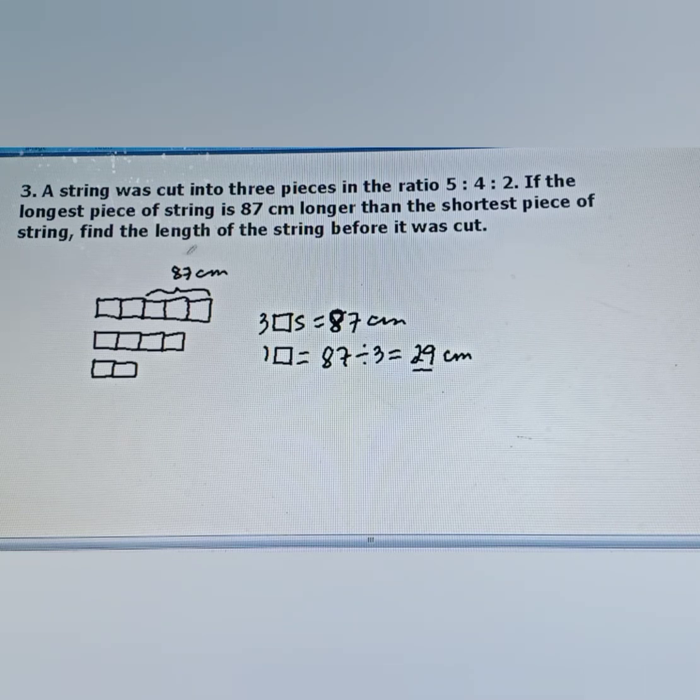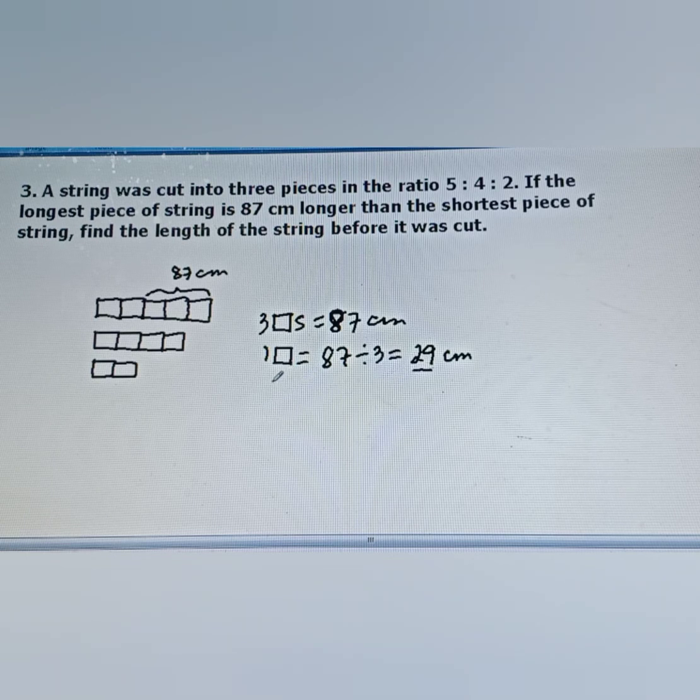So the question now is to find the length of the string before it was cut. So you have to add all. Since we know that 1 block is 29, we have to know how many blocks there are. So we have 5 here, 4, that's 9, plus 2, that's 11. So there are 11 blocks in all.